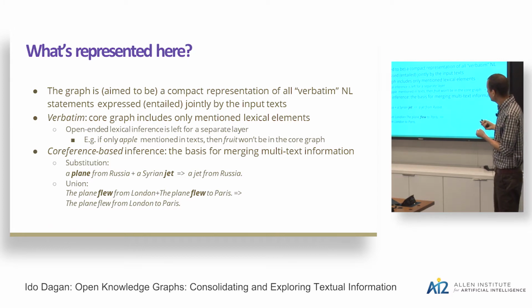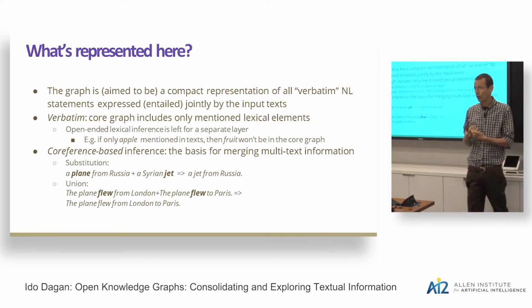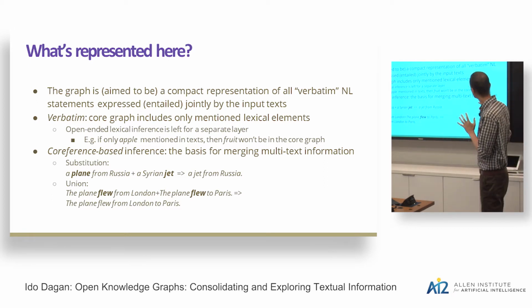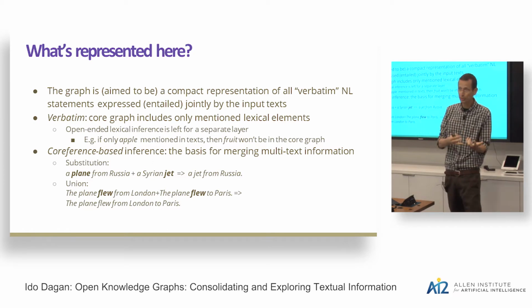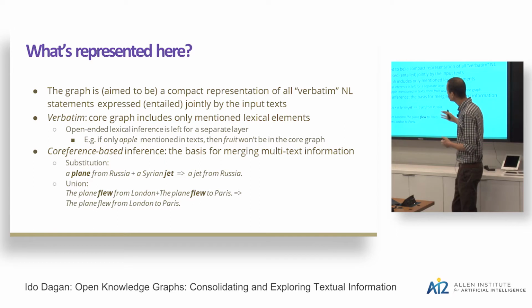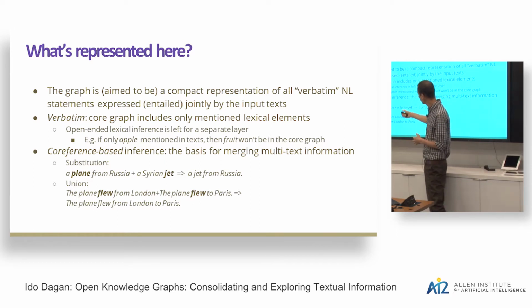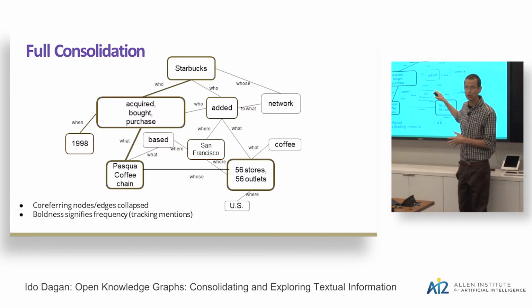So let's just see, what have we represented here? We view these graphs basically as a compact representation of all the verbatim statements that could be expressed jointly by the text. And you could think of expressed as being entailed. And I said verbatim, so as we've seen here in the graph, we only have lexical elements from the original words.